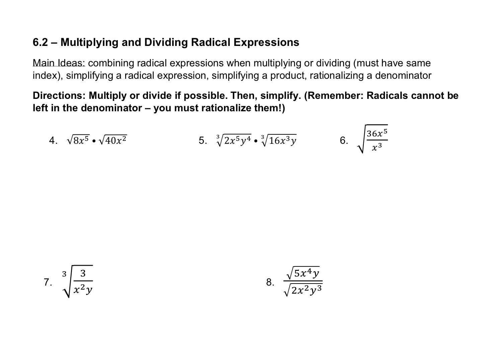Okay, number 4. So we're going to first do some multiplication on this one. If we multiply these two things together, because they're both square roots, we can do that. 40 times 8 is 320. And then x to the 5th times x squared. You're just adding those together, x to the 7th. And now let's break it down.